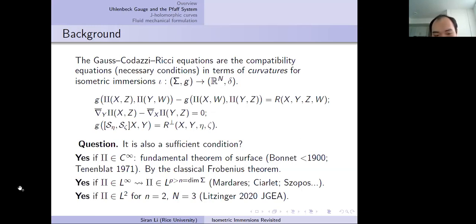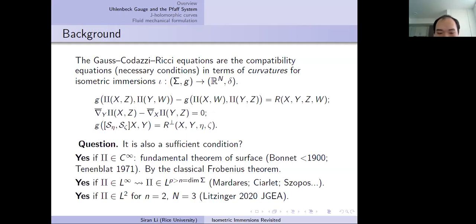And also, if we relax the condition so that the second fundamental form is L infinity, or later on L^p, where p is greater than the dimension of the domain manifold, these are done by Mardare, Szopos, and Szopos. So the answer is also yes.